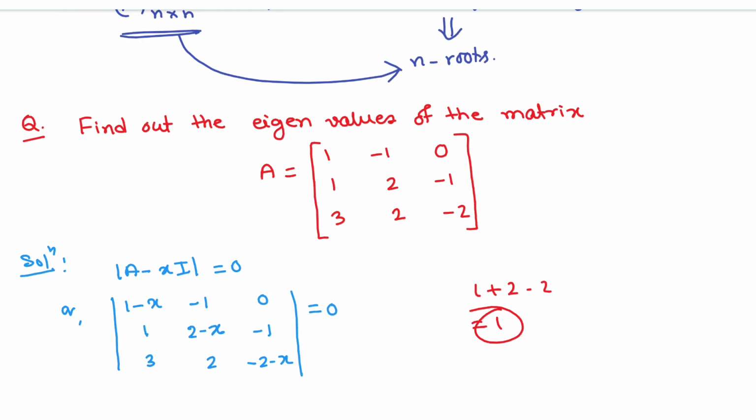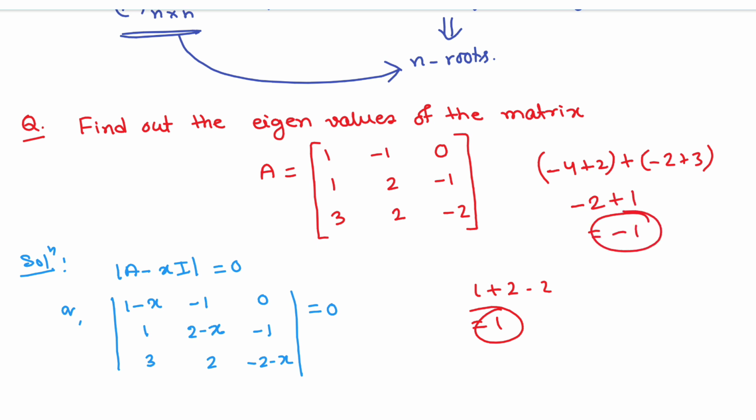If you calculate the determinant from here, you will get 1 into minus 2 into minus 2 minus 4 plus 2. So you are getting from here minus 2 and from here plus 1. So this is equal to minus 1.